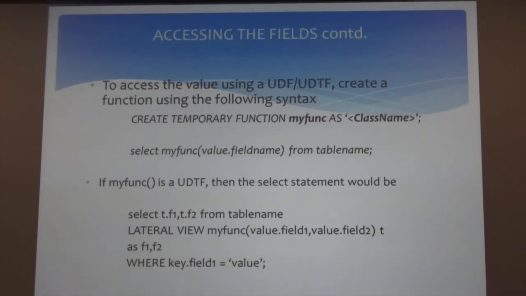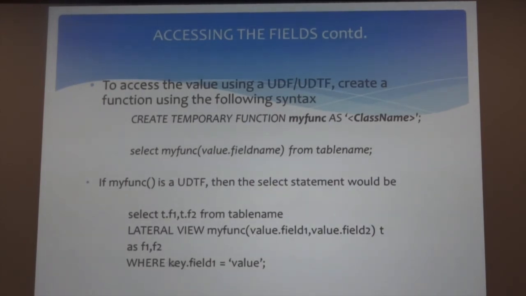I'll just mention why I use the key field. In the Protobuf, there is a key and a value field in a sequence file. Now, if I don't use the where clause, it has to run my function for every single record. And if this is an expensive operation, then it has to open the Protobuf of every single record.